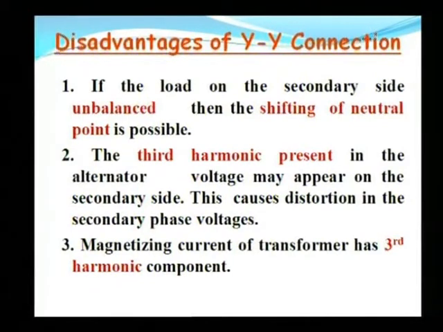The magnetizing current of the transformer has a third harmonic component. Whatever magnetizing current the transformer uses, the current flowing through it contains a number of harmonics. The first and second order harmonics don't matter, but if the order keeps increasing, it may affect your output voltage. So these are some of the disadvantages of the Y to Y connection.